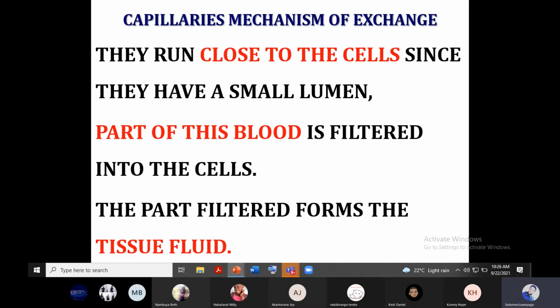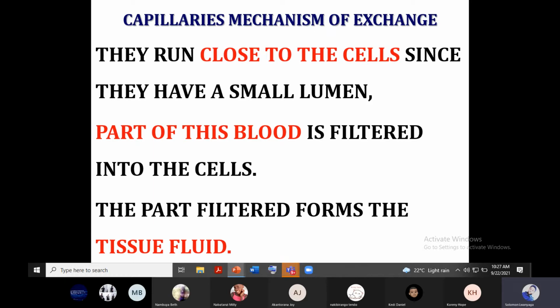Let's finish this. So, what is the mechanism of exchange? First, we said that capillaries run close to the cells, and because they have a small lumen, there's a pressure difference that is generated. This pressure difference we are talking about, what does it do? The first thing is it forces small molecules like water, nutrients, hormones, ions to move out of the capillary.